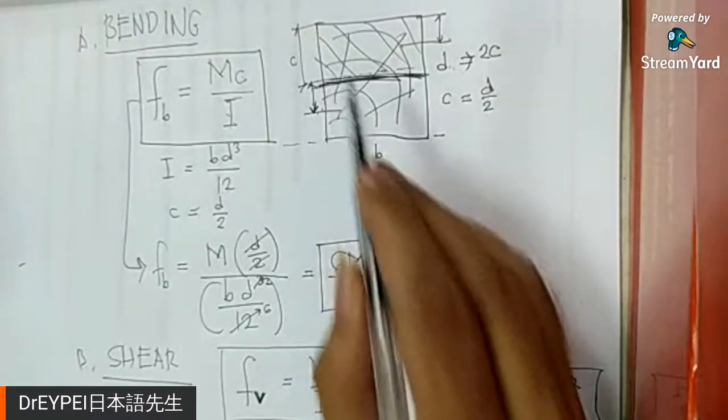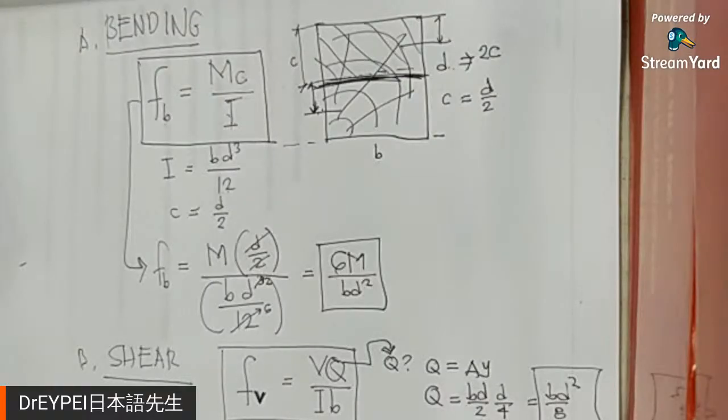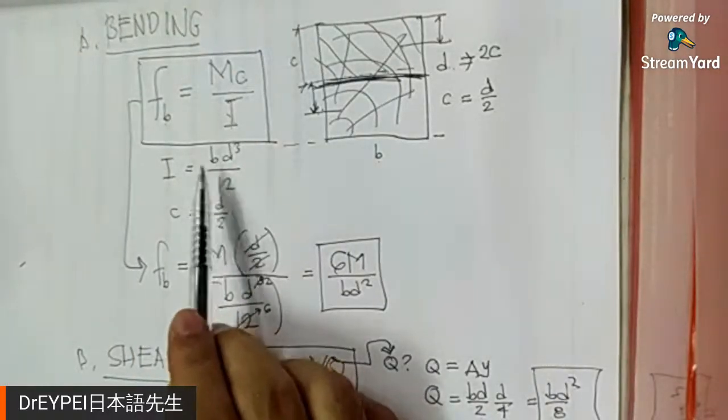So that's why this is D over 4. Okay, so that is the amount Q, referred to as the moment of area.